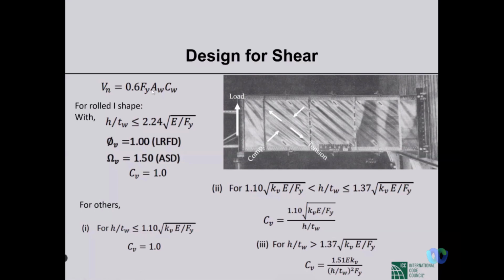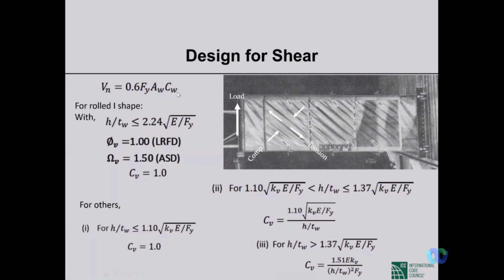And then you have the web area, and there you have, this is wrong. This is wrong even in the code, in BNBC. It is shown as CW. It should have been CV, because later CV is mentioned everywhere. So we apply one factor.